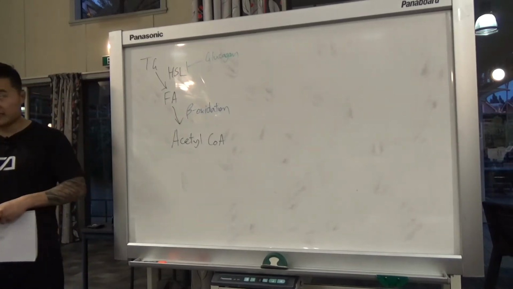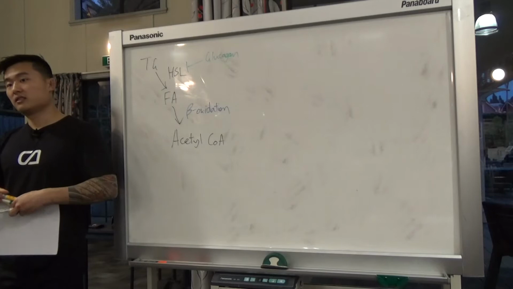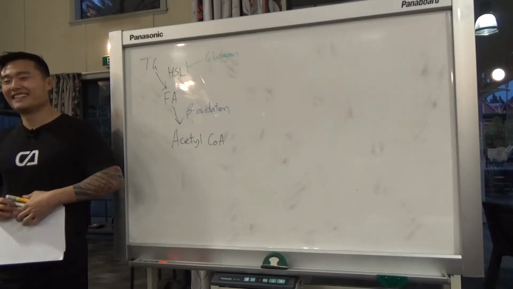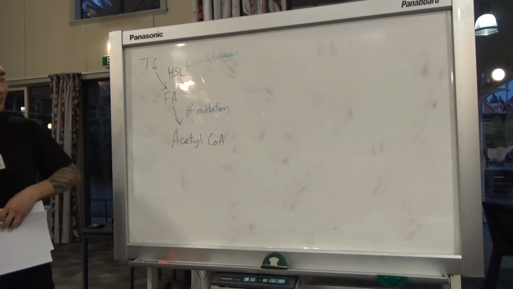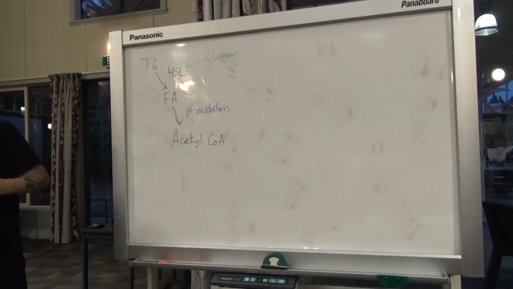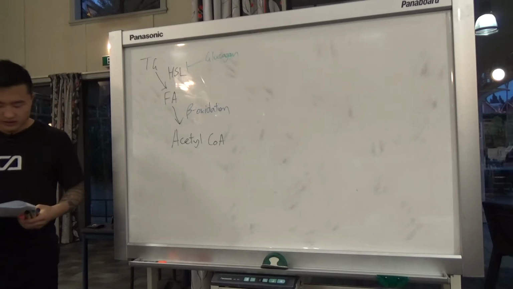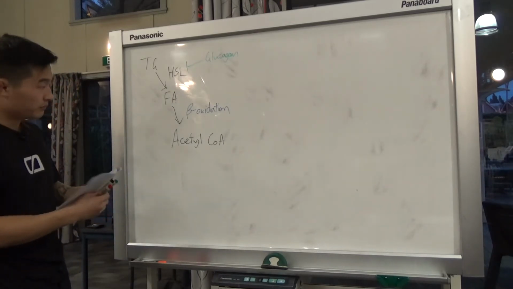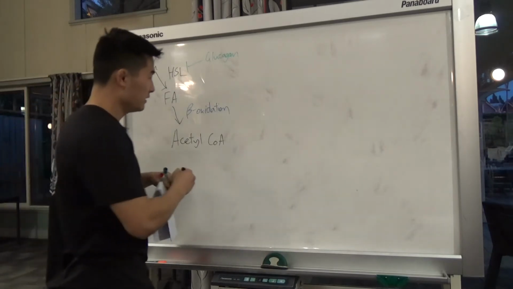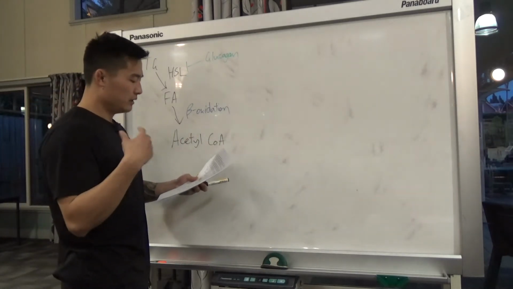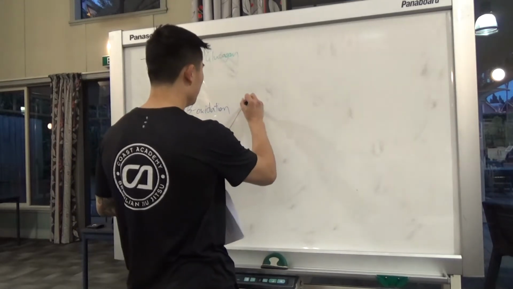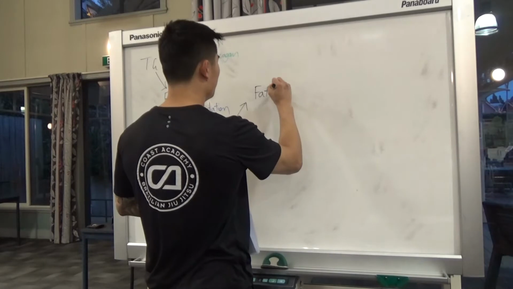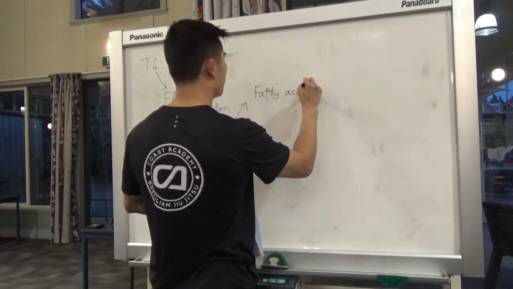And where does beta oxidation occur? Say it out. Yep, that's right. Well done. Mitochondria. And then remember that if we had a lot of energy, then this could go to fatty acids, right?